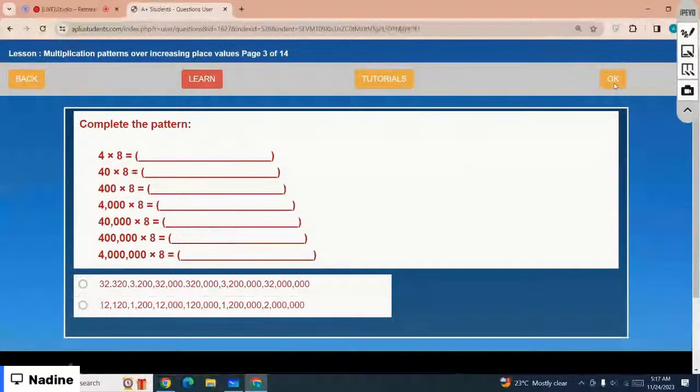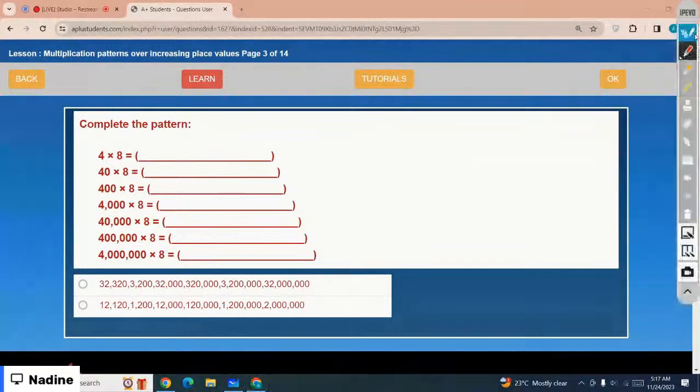Complete the pattern. 4 times 8 is, which is the correct option? Yes, 4 times 8 equals 32.